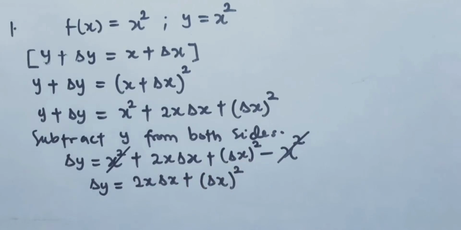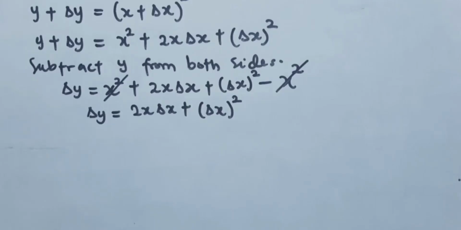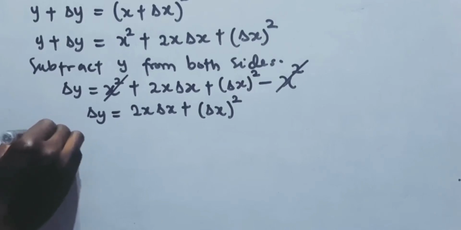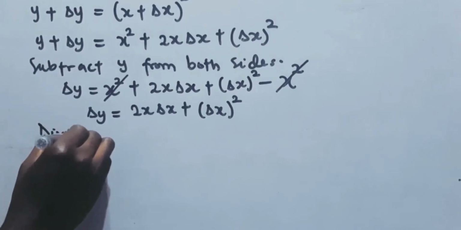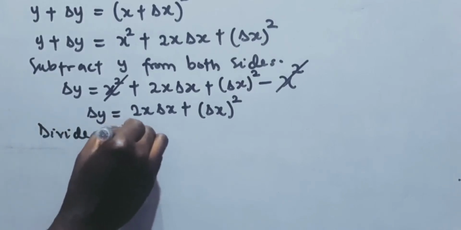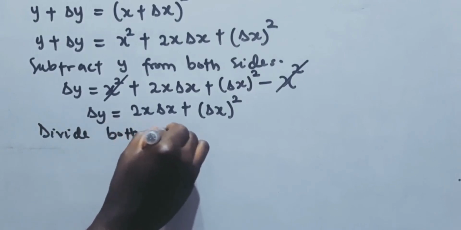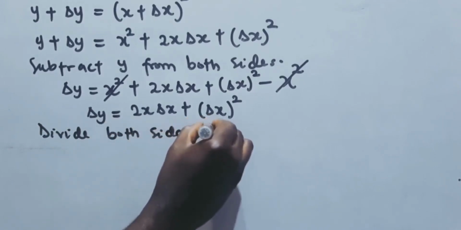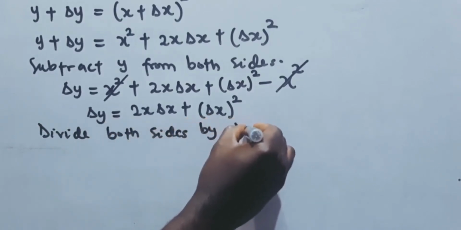So at this point, what you need to do is divide both sides, that is your left hand side and your right hand side, by change in x.